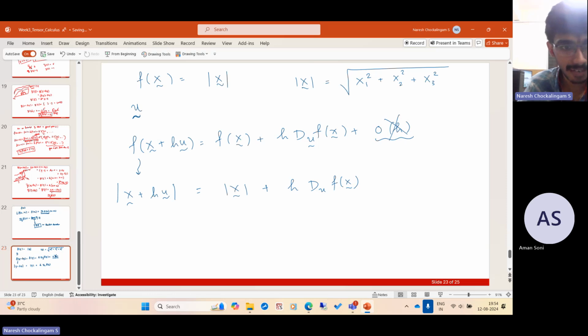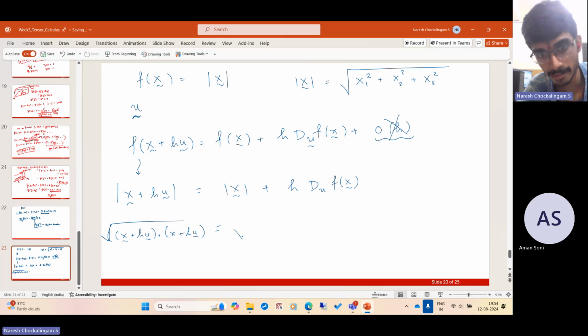Can we simplify this further? Yes. You can write this as the square root of x dot x plus hu, which is the square root of x dot x plus h times the directional derivative of f of x in the direction u.